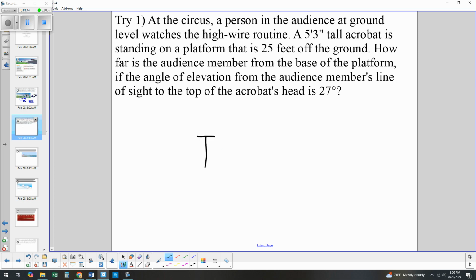So we have a platform that's 25 feet and an acrobat on top of that who's 5'3" or 5.25 feet. We want to know the distance the audience member is if they're looking up at the top of the head at an angle of 27 degrees. So here is a rough picture for you to try. Answers are posted online. I would recommend pausing and giving it a shot.